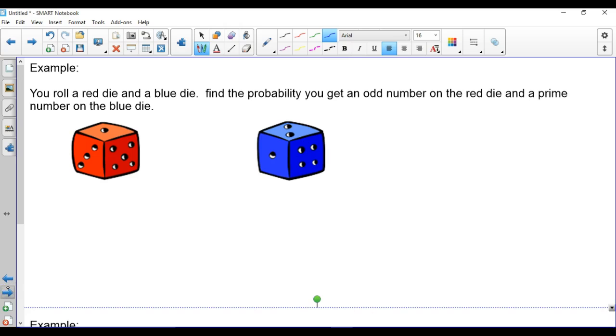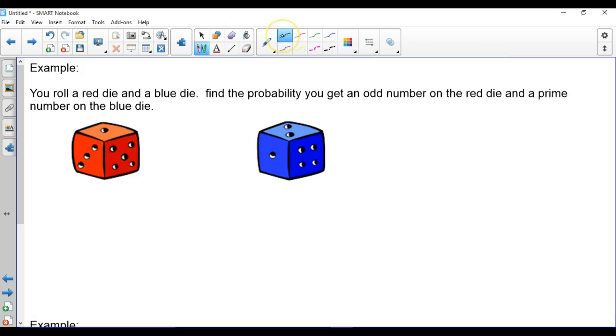Let's say you roll a red dice and a blue dice. Find the probability you get an odd number on the red dice and a prime number on the blue dice. So when you're working through your probabilities, we need to know about the events we're working with. So when you roll the dice, there are 6 sides to the dice. So you could get a 1, 2, 3, 4, 5, or 6 on either dice roll.